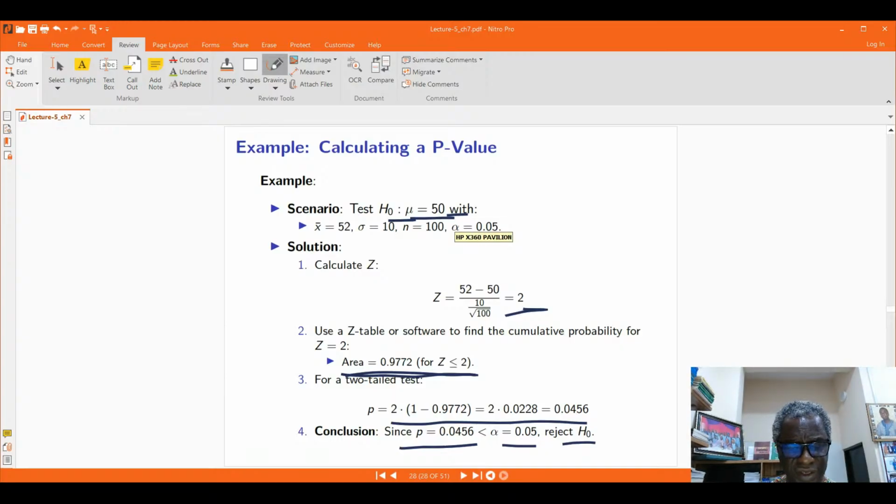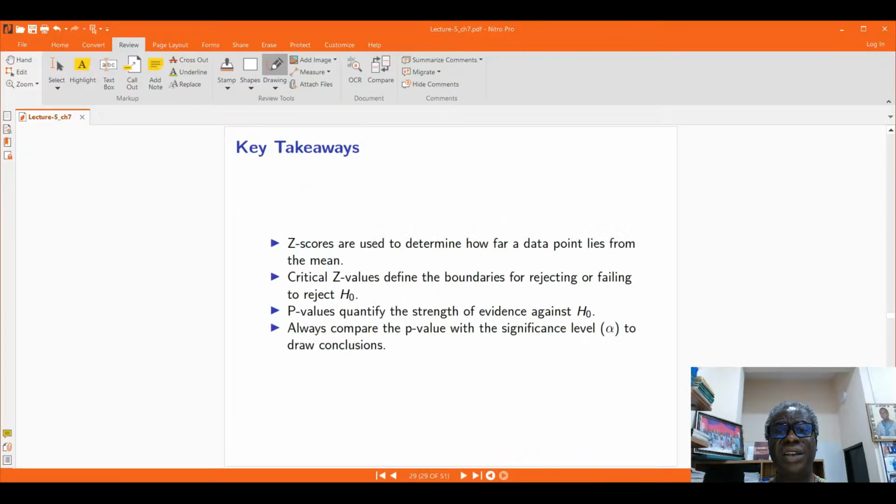So this is the process for taking a decision, for conducting a statistical test of hypothesis. In summary, z-scores are used to determine how far our data point lies from the mean, from the center.